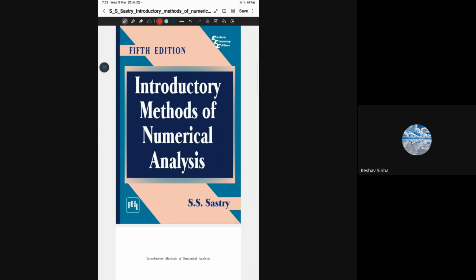I believe in any local market you will find it. There are many numerical methods books, but I'm suggesting this because this book is written in a language which an average student can understand. Very lucid, easily understandable language.